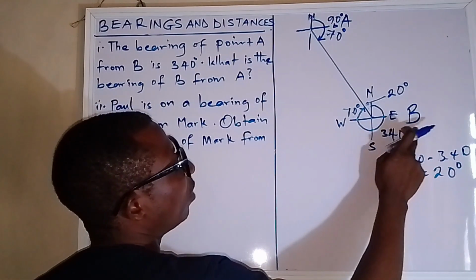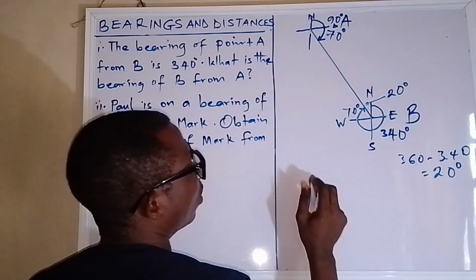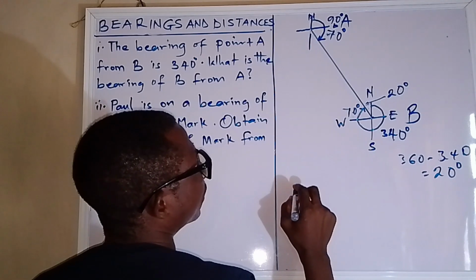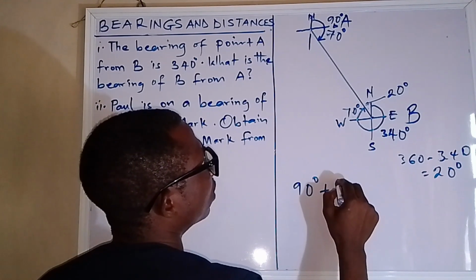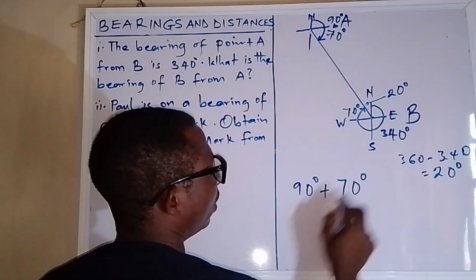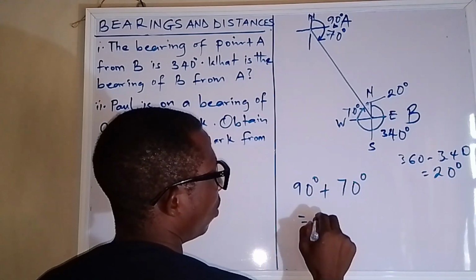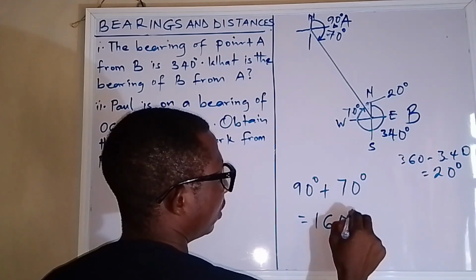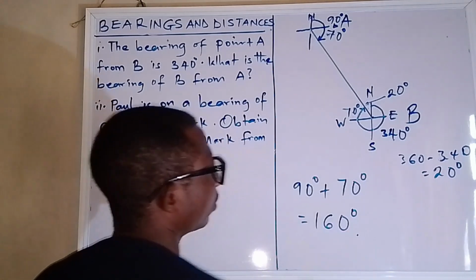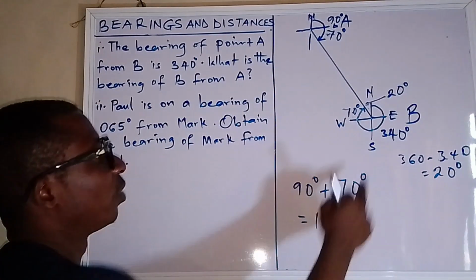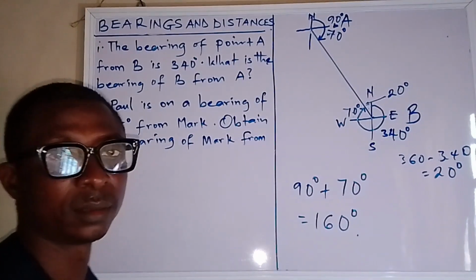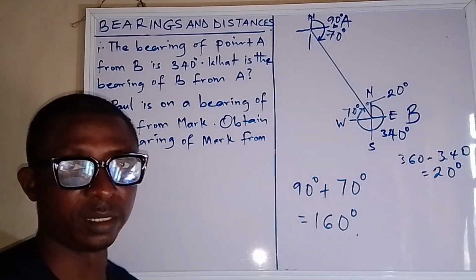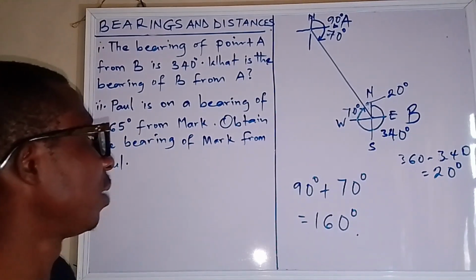So the bearing of B from A will now be 90 degrees plus 70 degrees. And that gives you 160 degrees. So the bearing of B from A is 160 degrees. Now let's look at the second question.